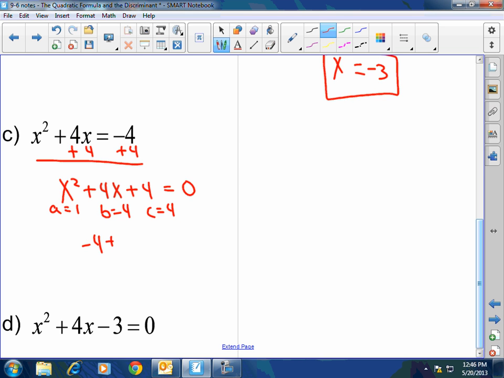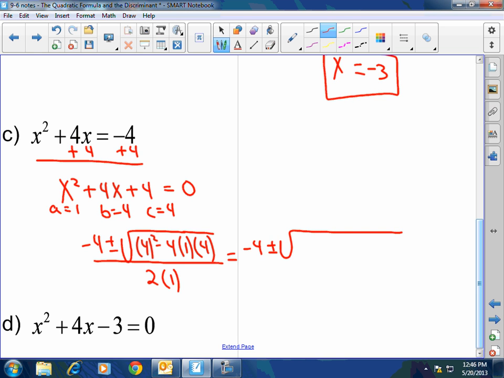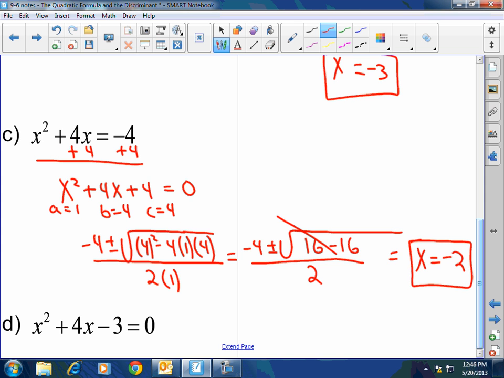Negative b plus or minus the square root of b squared minus 4 times a times c, all of that divided by 2a. So this will give me negative 4 plus or minus the square root of 16 minus 16, all of that over 2 times 1, which is 2. Remember, the square root of 16 minus 16, that's 0, so that cancels. So I have negative 4 divided by 2, so x equals negative 2. That is the solution.